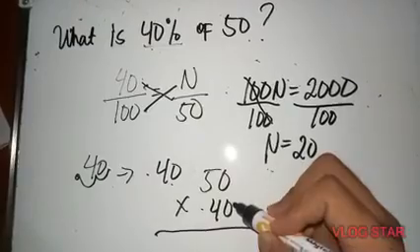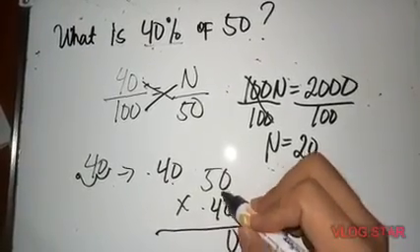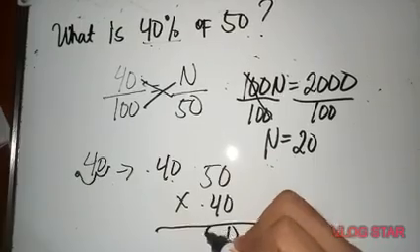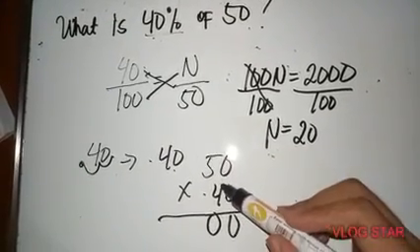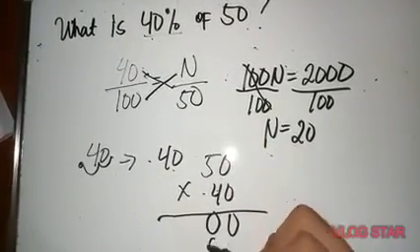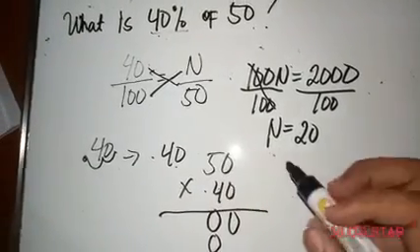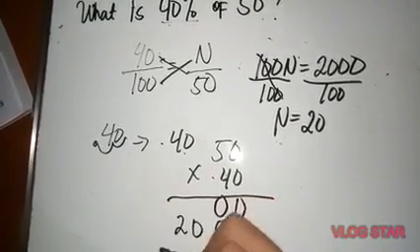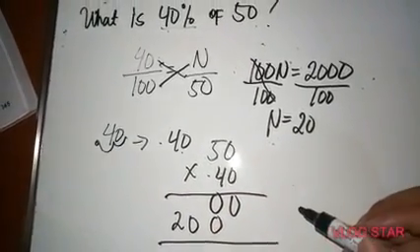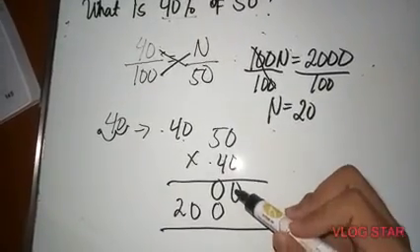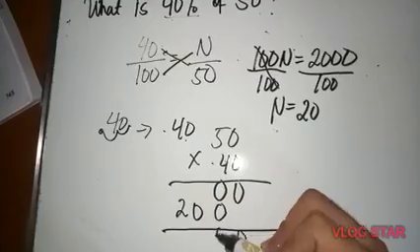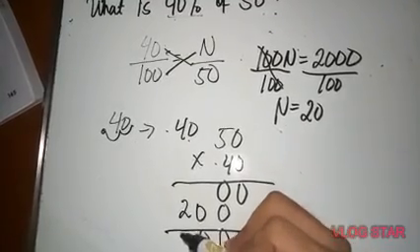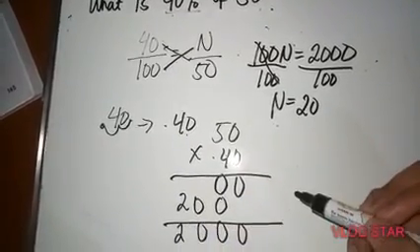So then let's multiply. 0 times 0, 0. 0 times 5 is 0. Next step, 4 times 0 is 0. 4 times 5 is 20. So when we add up, 0, 0, 0, and 2.